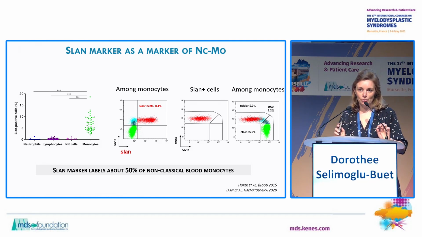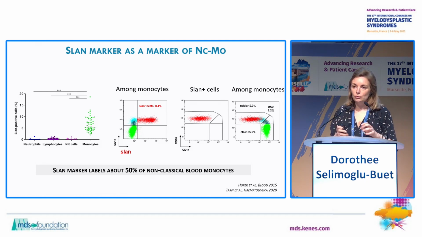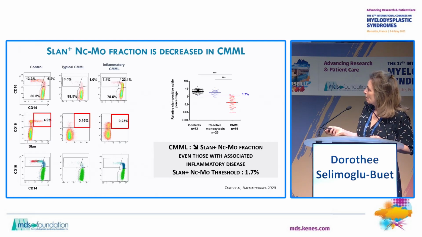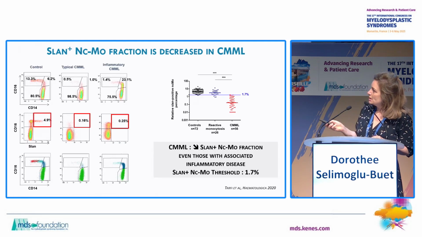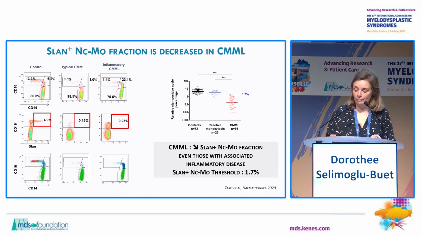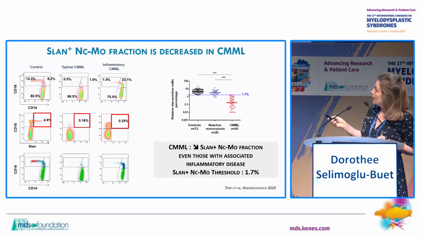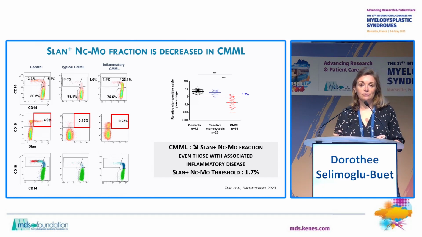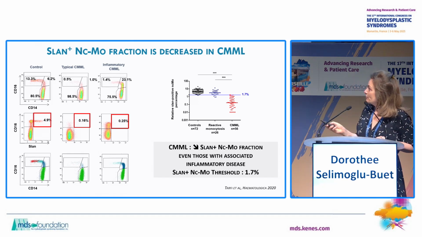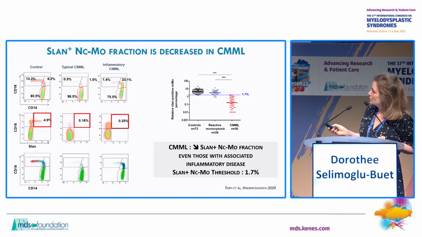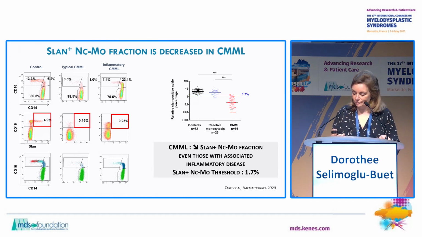Not all the non-classical monocytes express SLAN, about 50% of them, but it was enough to quantify them, and here we obtain that compared to control, where we have a fraction of SLAN-positive non-classical monocytes, there is a decrease of this fraction for typical CMML and also for inflammatory CMML. We calculated the threshold at 1.7% of SLAN-positive non-classical monocytes, which diagnoses all the CMML cases compared to reactive monocytosis and controls.